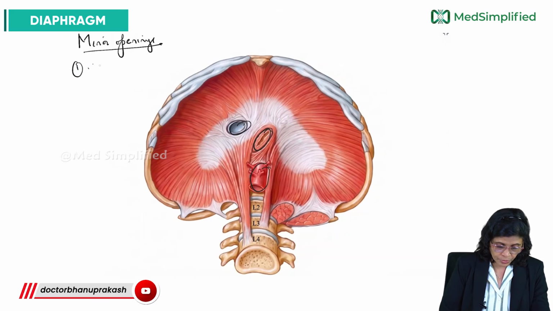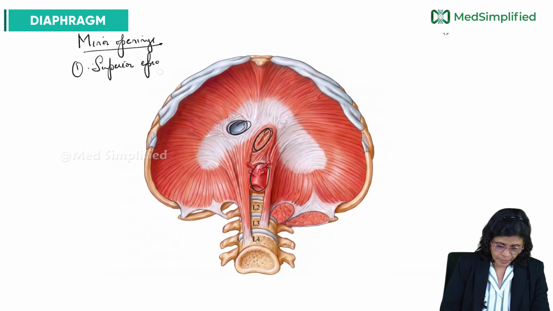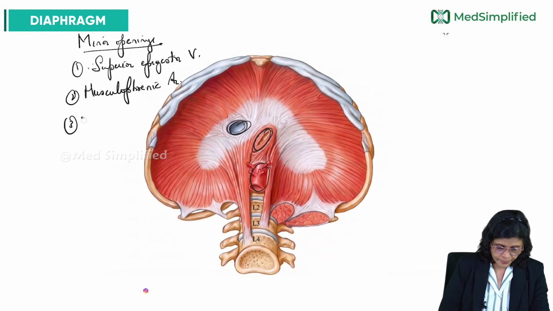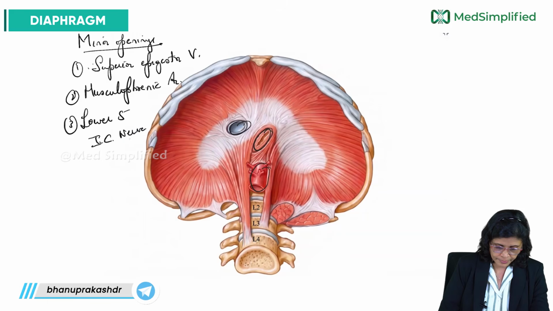We will see the superior epigastric vessels, the musculophrenic artery, and the lower 5 intercostal nerves and vessels.